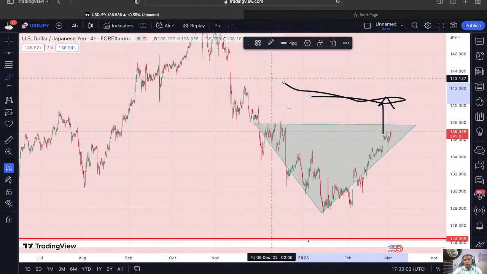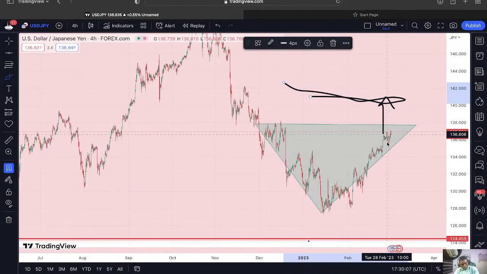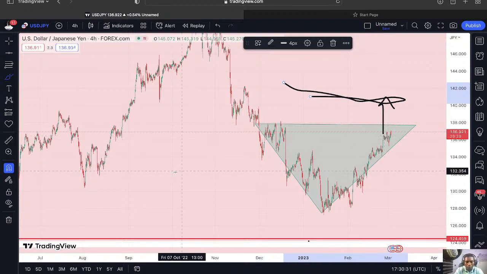Here we wait for price to break out of this triangle. If price breaks out of this triangle, then we are good to go on buying. But if price does not break out, we might not buy. Price needs to break out.